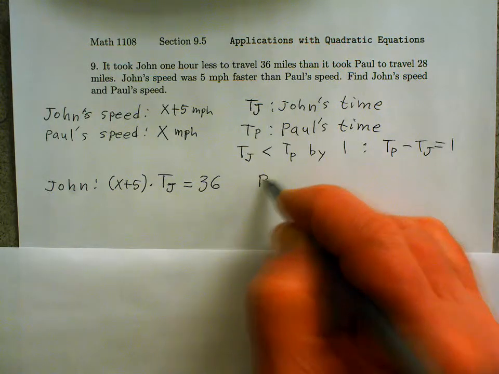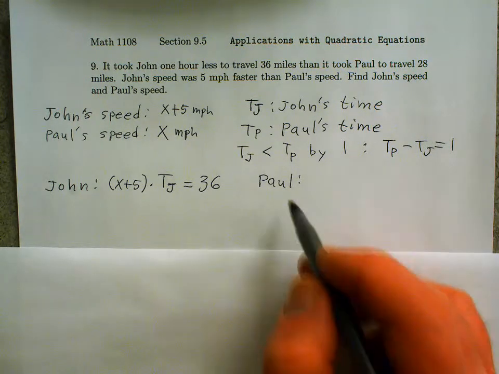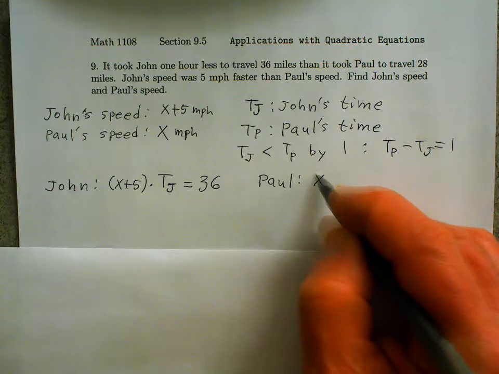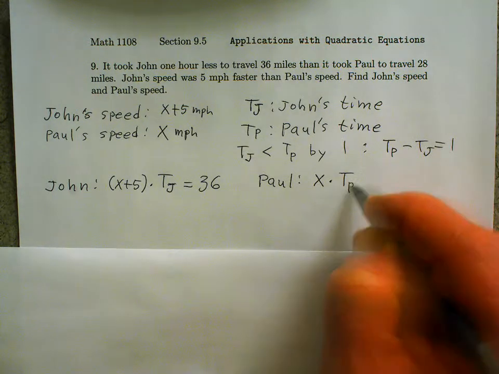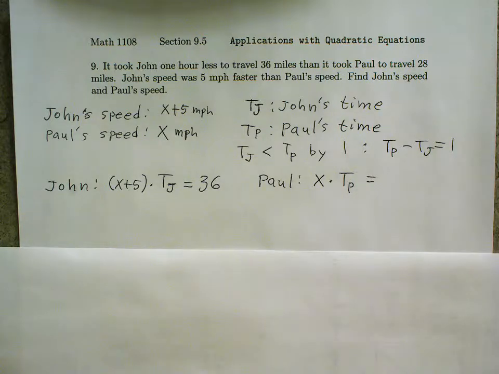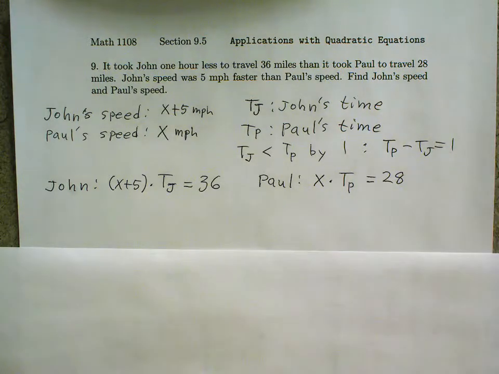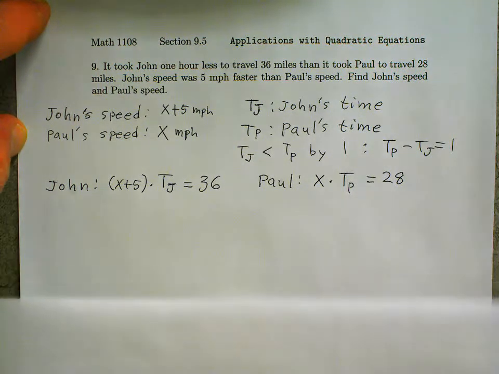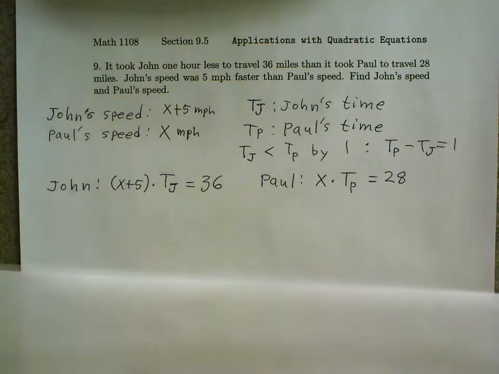And then for Paul, write down rate times time equals distance. Paul's rate is x miles per hour, and in T sub p hours, Paul traveled 28 miles. Okay, what do we do next?